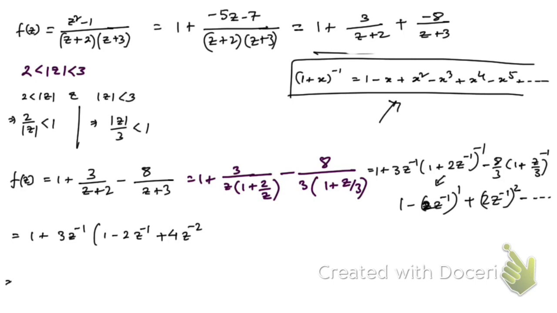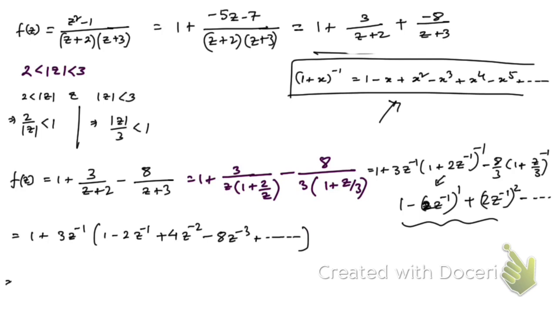If you simplify it, you're going to get 2 cubed, that's 8 z to the power minus 3, plus dot dot dot, and so on, right?